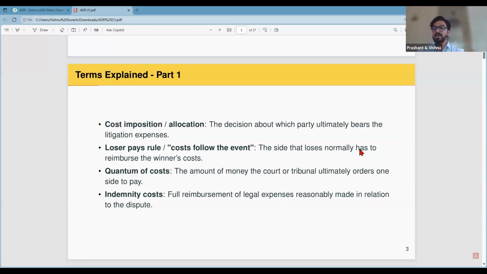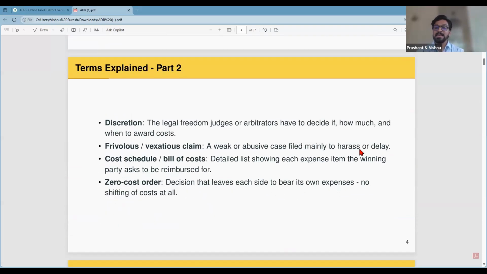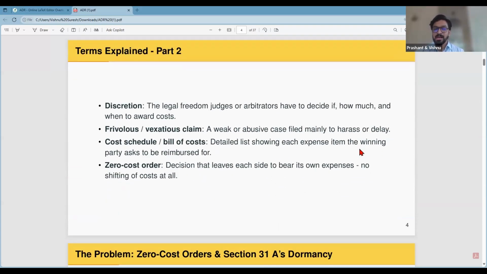Quantum of costs, the amount of money the court or tribunal ultimately orders after its determination, which one side has to pay. Indemnity costs, full reimbursement of legal expenses reasonably made in relation to the dispute. Discretion, the legal freedom judges or arbitrators have to decide if, how much, and when to award costs.